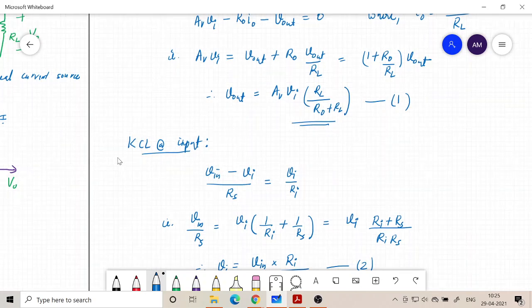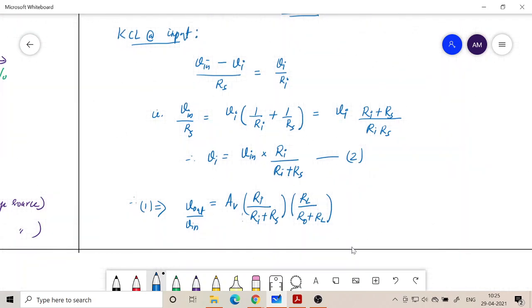Now if you look at it, this is less than 1, and this is also less than 1. So our only hope is now AV. AV should compensate for the reduction of these two fractions. That is one way: you can have a very large AV, say 100, and then I can have this half and half.